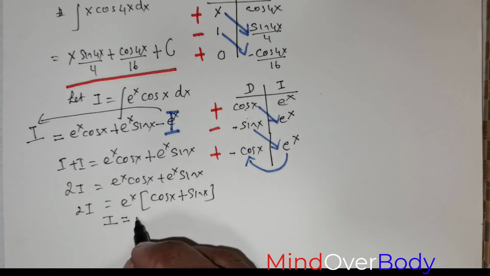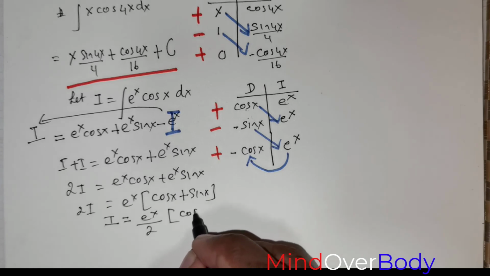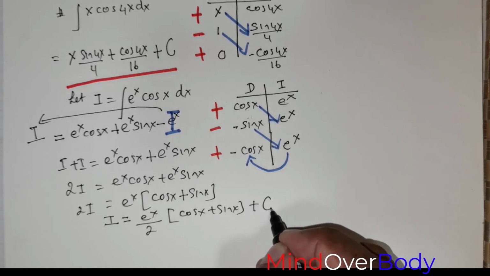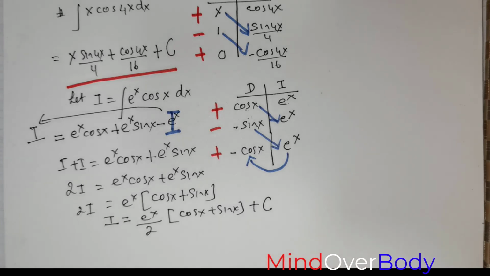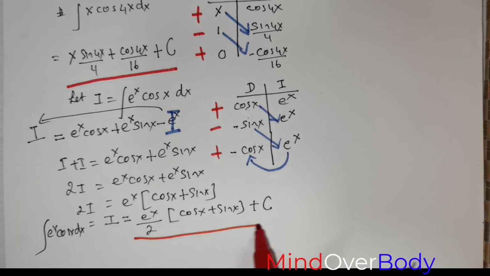So that would give me I is equal to e raised to the power of x over 2 of cos x positive sin x, positive arbitrary constant. So that is the solution for this question. In fact, what is my I? My I is nothing but integral e raised to the power of x times cos x times dx. So this is a good place for us to draw the red line.